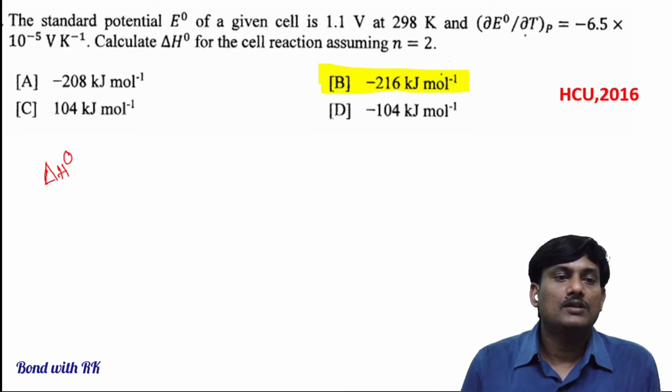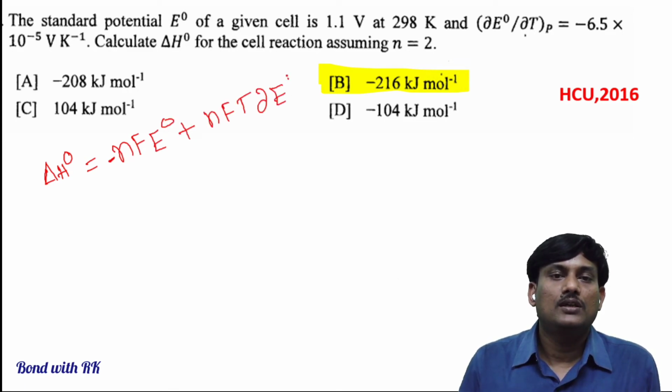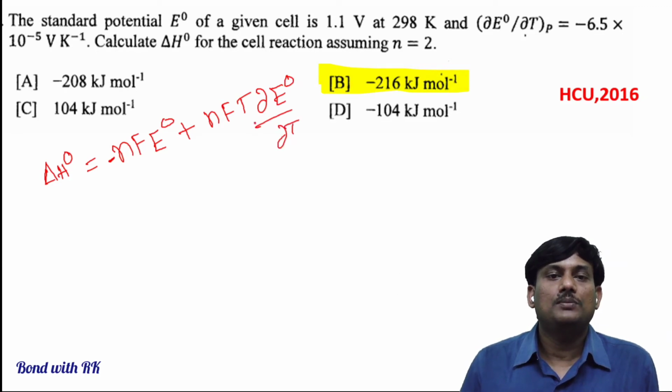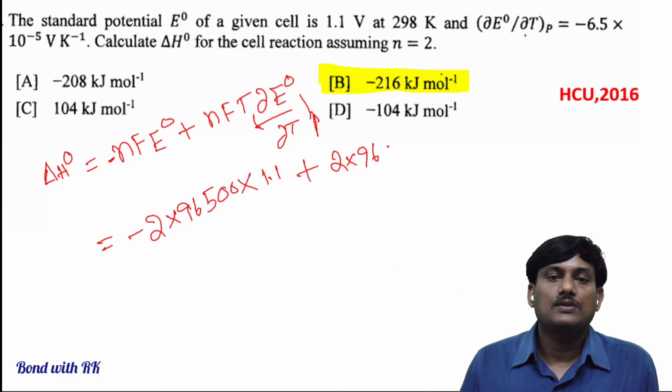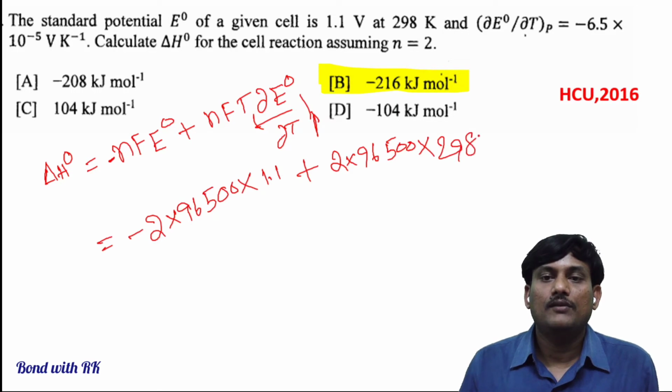Delta H naught is equal to, writing directly, minus nF E naught plus nFT dou E naught by dou T at constant P. When you substitute these values, n is 2, F is 96,500, E naught is given 1.1, plus 2 into 96,500 into T value 298 Kelvin into minus 6.5 into 10 to the power of minus 5.